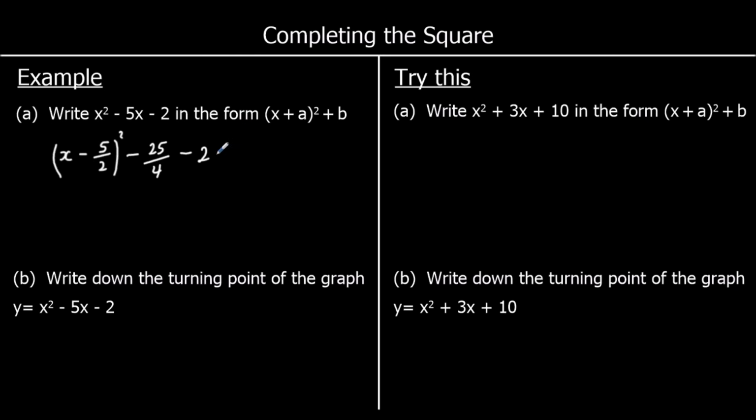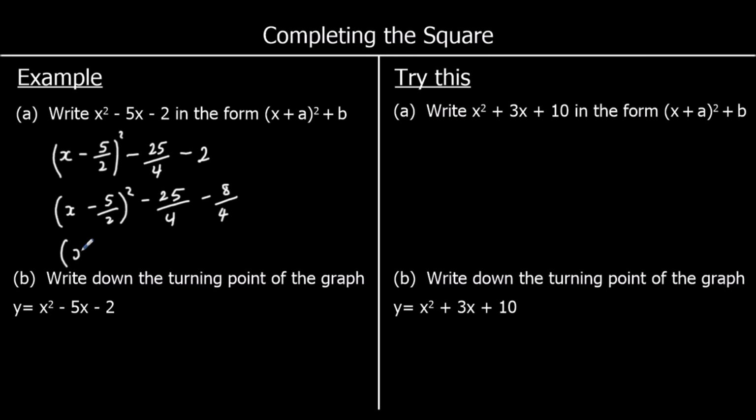So we need to simplify this. And we can write minus 2 as minus 8 quarters. So 2 is the same as 8 over 4. And then we can take away the fractions because they both have the same denominator.